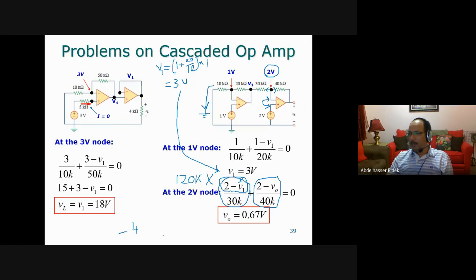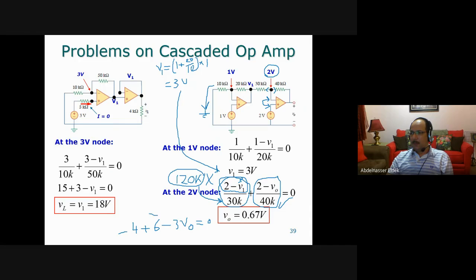Okay, so again, 120 divided by 30 will be 4. 4 multiplied by negative 1 will be negative 4. Plus 120 divided by 40, the second one here, will be 3. 3 multiplied by the numerator, 3 times 2 is 6, and minus 3 times VO equals 0.